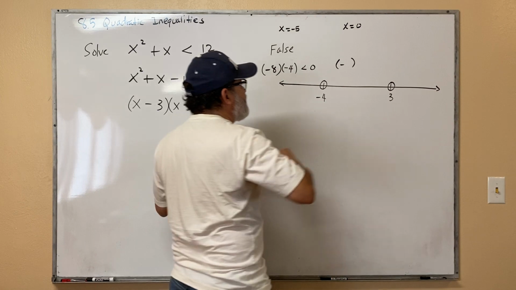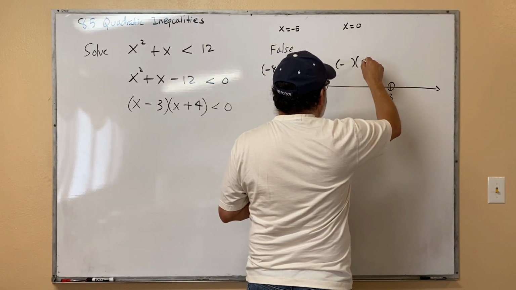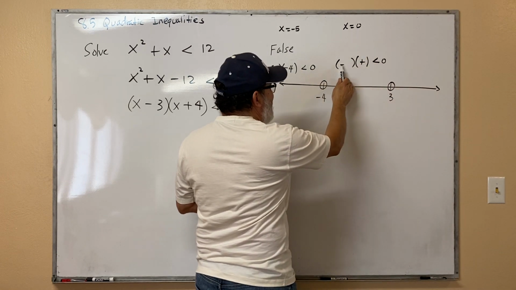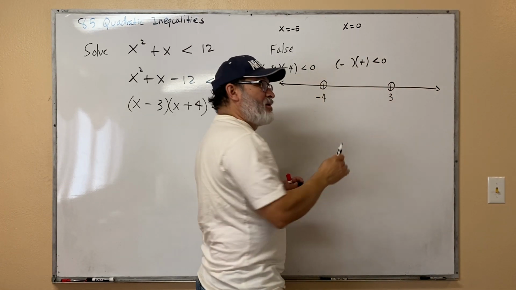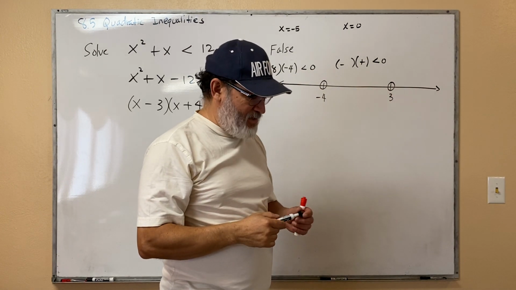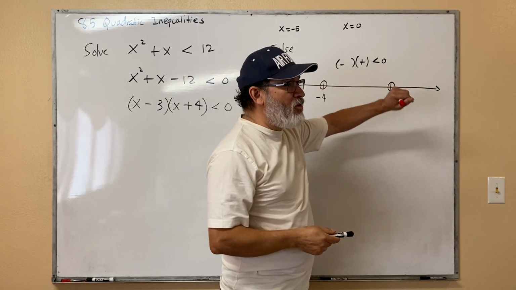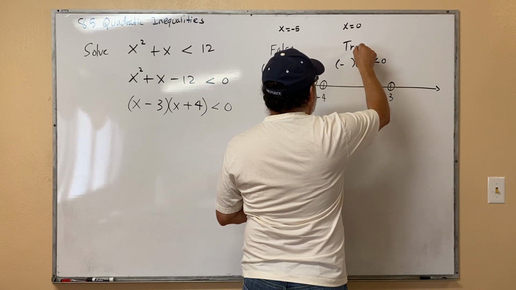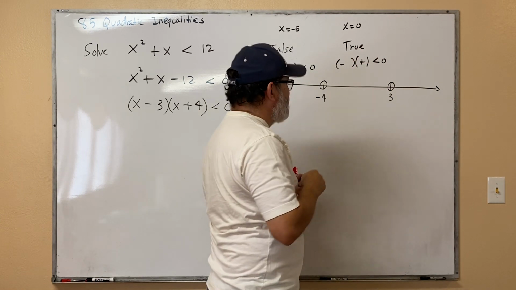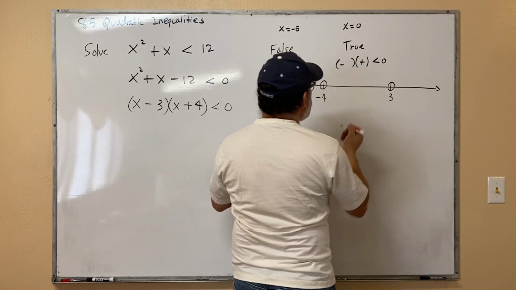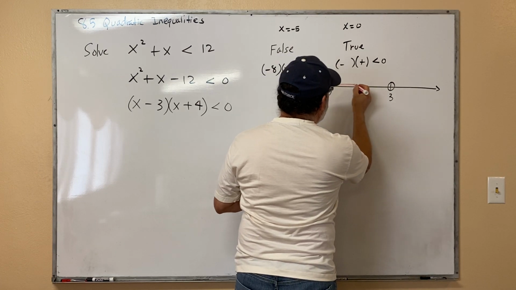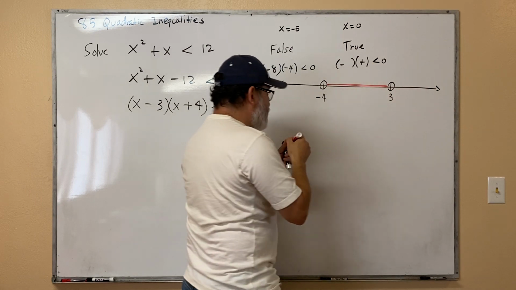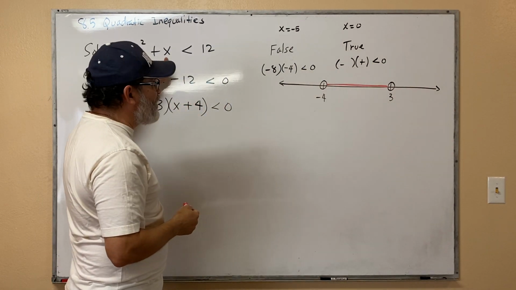You could say positive. What's the negative times a positive? Negative. Is a negative less than 0? True. So I'm going to shade this region. This region is the solution to this one.